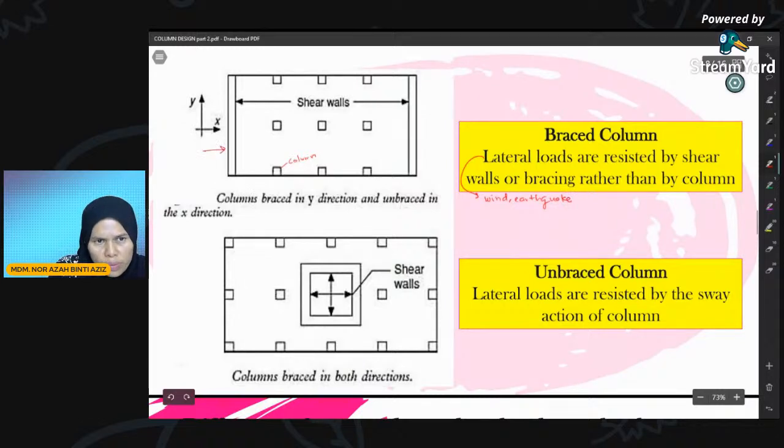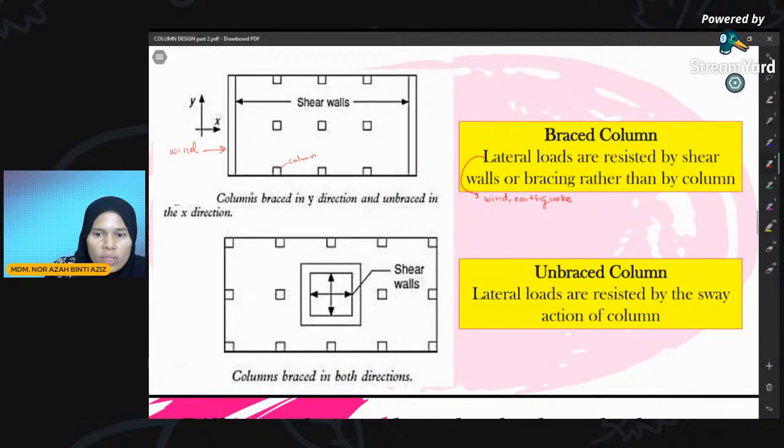When wind comes from this side, the shear wall prevents it. So a braced column is when the lateral load is resisted by the shear wall or bracing, not by the column.